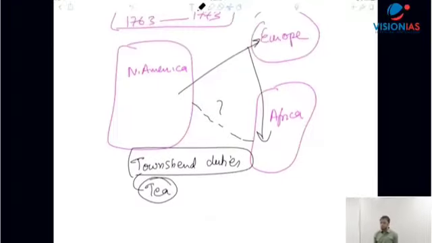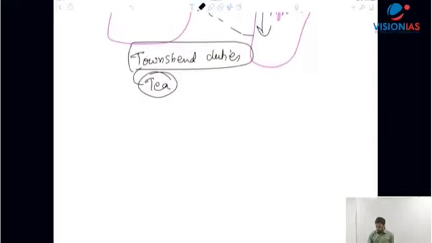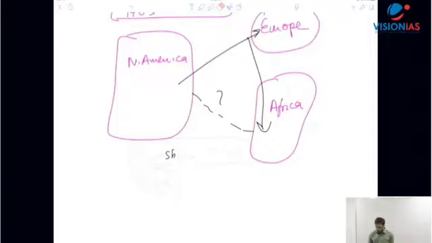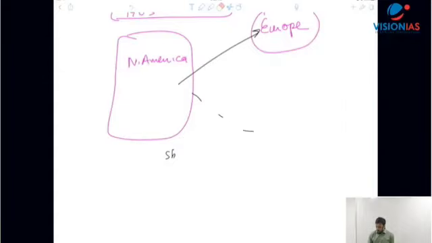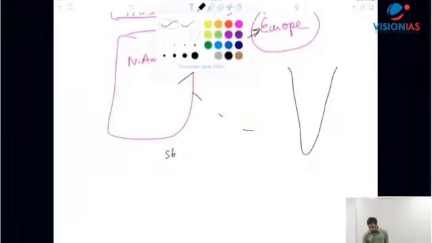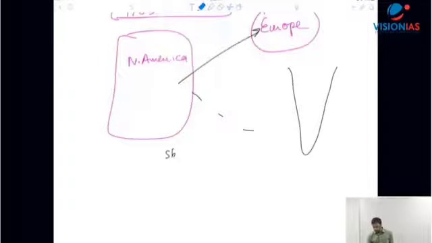Now, before this period of 1760, there were a number of American traders, okay? And what would these American traders do? They would not obey the Navigation Acts.